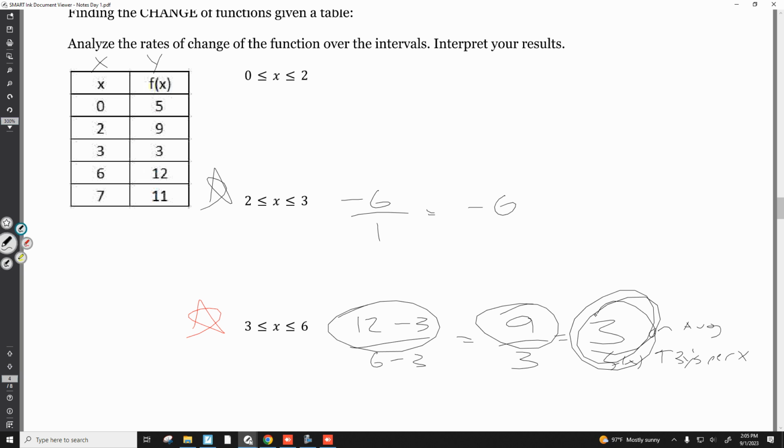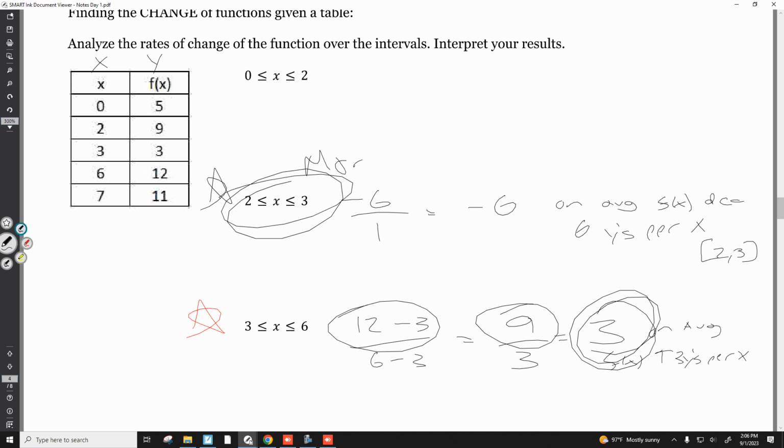Faster. The -6 is bigger. That would be more change on average, okay? On average, f of x decreases 6 y's per x over the interval 2 to 3. More change on average. Less, even though there's more net change. Eliminate the spacing.